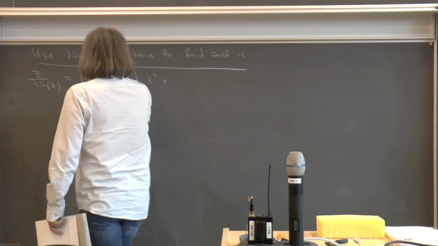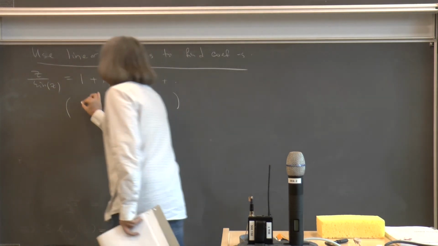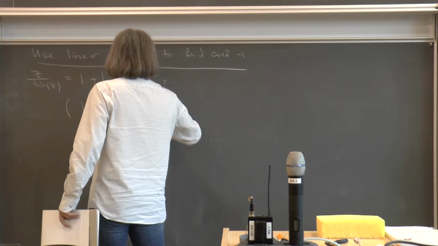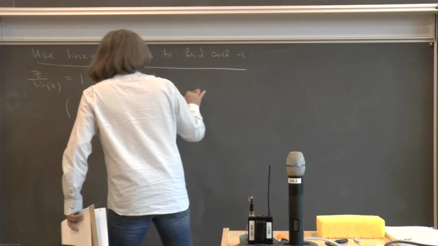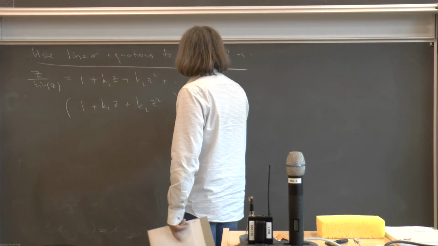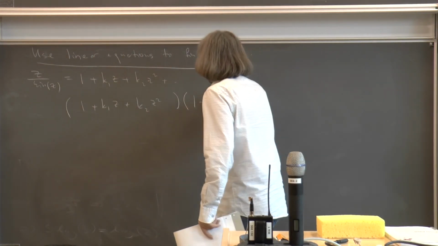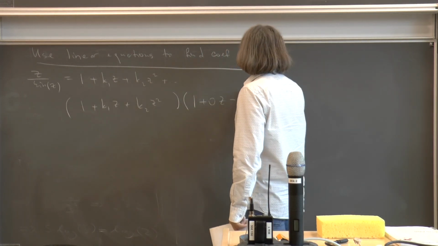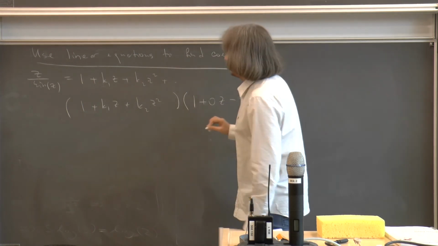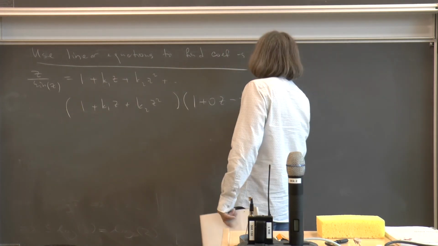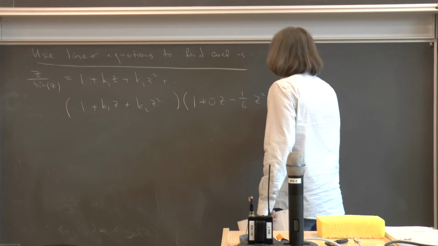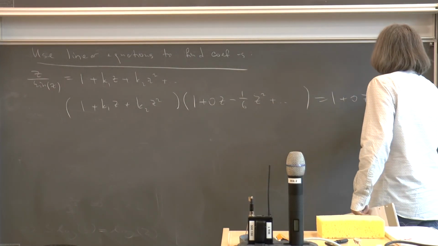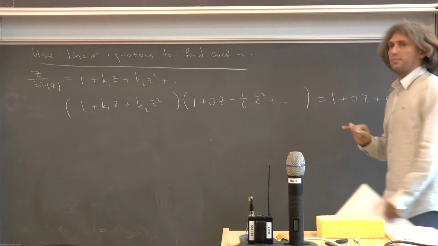Which means that if we take this series and multiply it by the series we know, 1 plus 0z minus 1 over 6 z squared plus so on, it should be 1 plus 0z plus 0z squared, and so on.